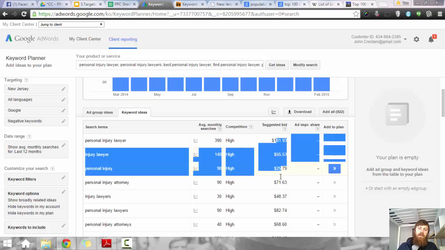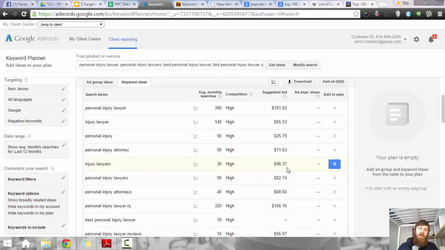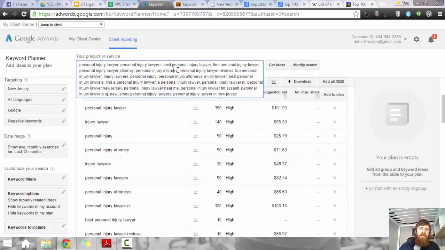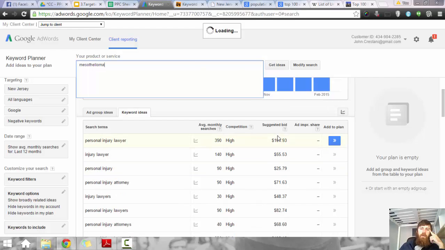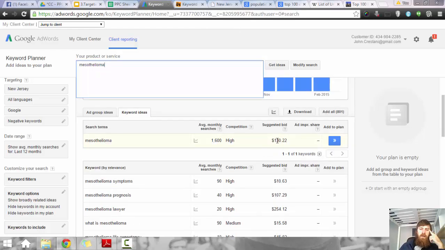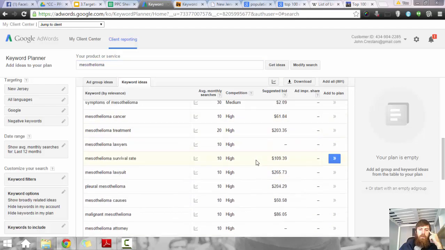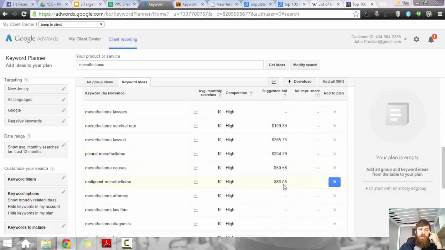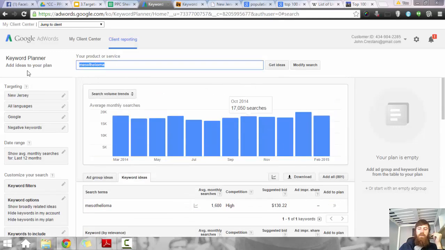These are all extremely expensive, basically, is what I'm saying. These are some of the most expensive keywords you can actually go for. I think the most expensive keyword you can go for is mesothelioma. See, mesothelioma lawyer, $250 per click, $265 per click. So those are some really expensive keywords.